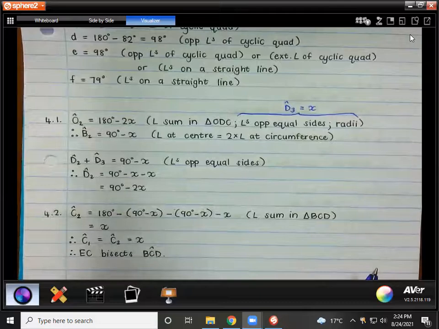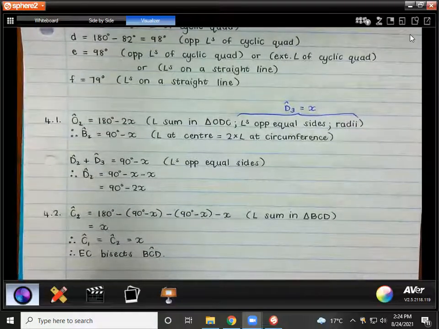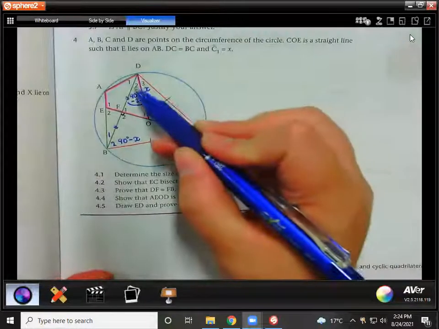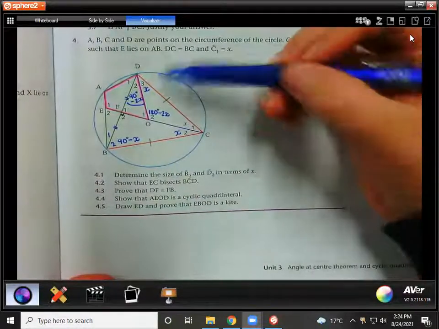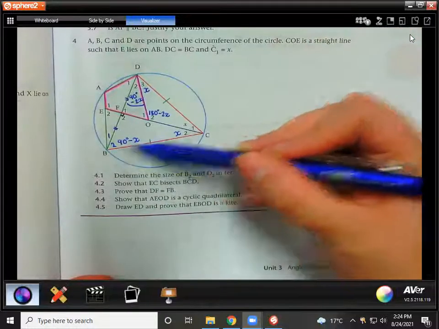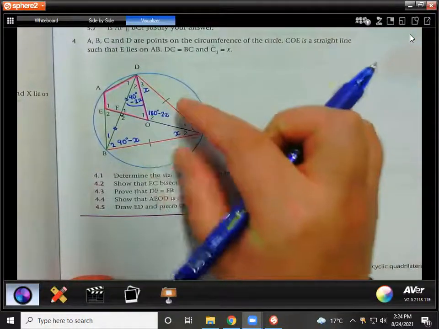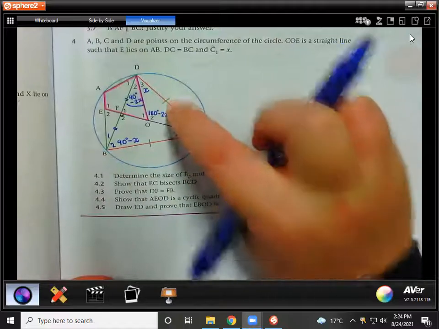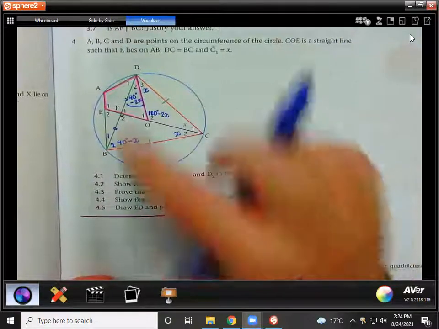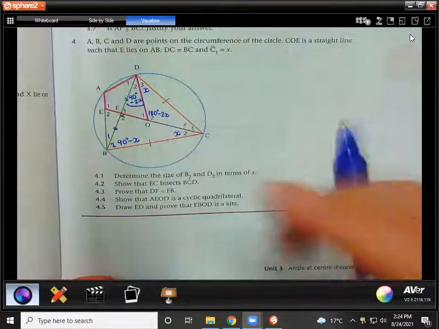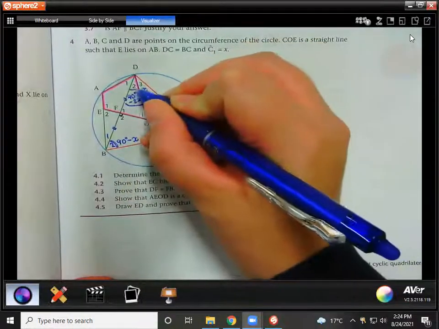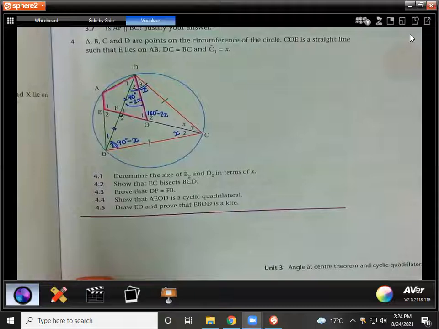All right, I just want to show you what I then did to find D2, because that was the second half of this question. I said find B2 and D2 in terms of x. Now D2 is this angle there. Now guys, if we're looking in this bigger triangle, triangle BCD, they actually told us that this is also an isosceles triangle, right? They're showing us there that these two sides are equal. Now, if this is an isosceles triangle, then angle B2 is supposed to be this angle at D, right?